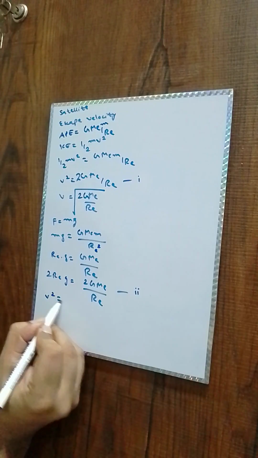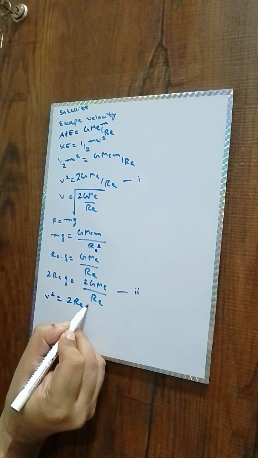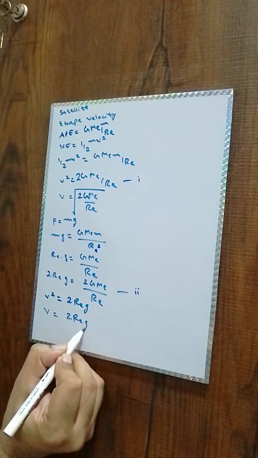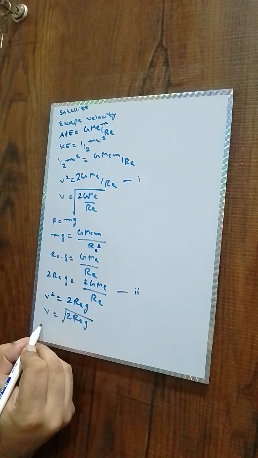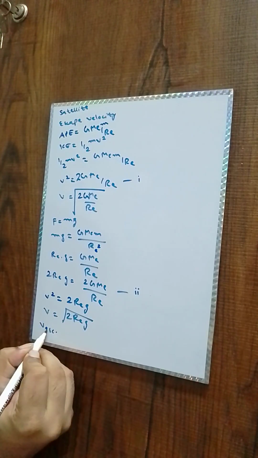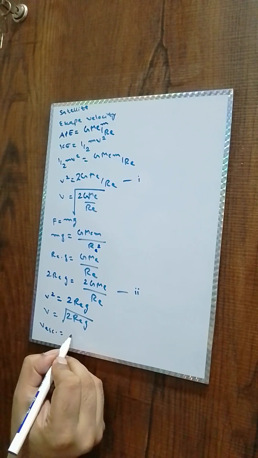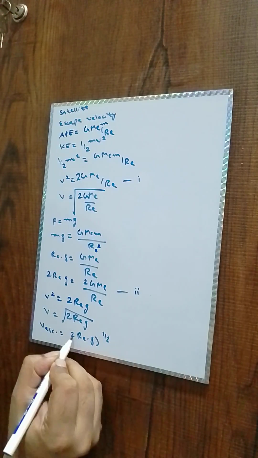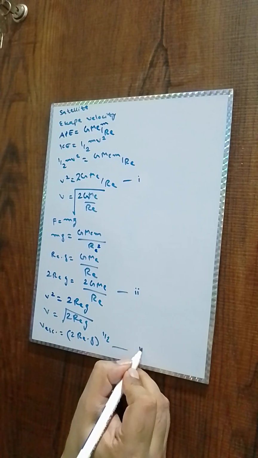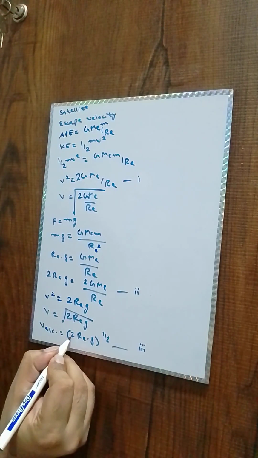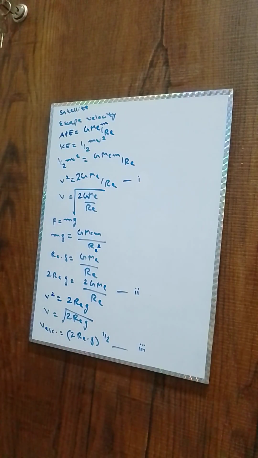Okay, so v square in this case now becomes 2 Re g, or v becomes 2 Re g under the root. Or the escape velocity of the satellite can be (2 Re g) to the power 1 by 2. So this is the form we are looking for in general terms.